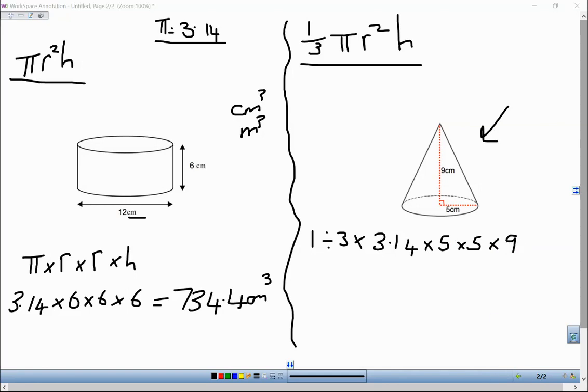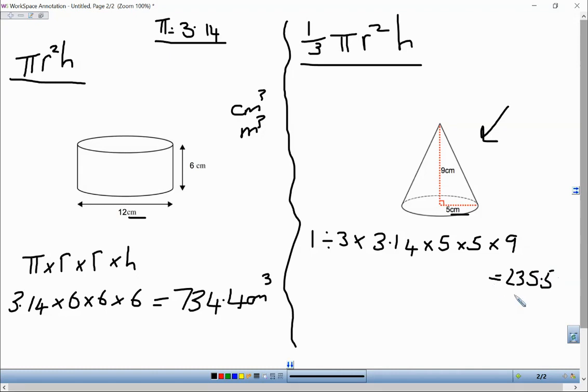And again, I reach for a calculator, and we do 1 divided by 3 times 3.14 times 5 squared, times 5 times 5 times 9, and we get 235.5.